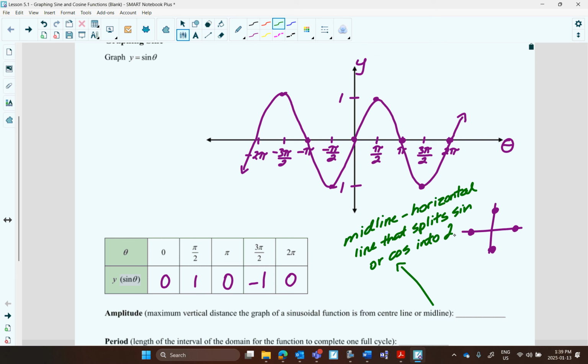Where would the horizontal line be that would split this into two? Equal above, equal below. Where would I draw the horizontal line so that it would split this in half? Sorry? This axis, right? That would split it in half. So that's the midline.